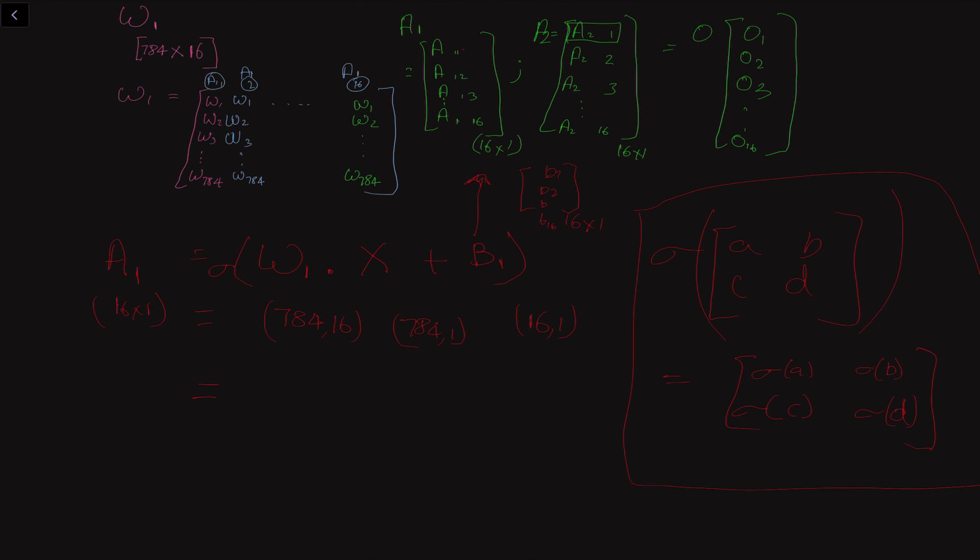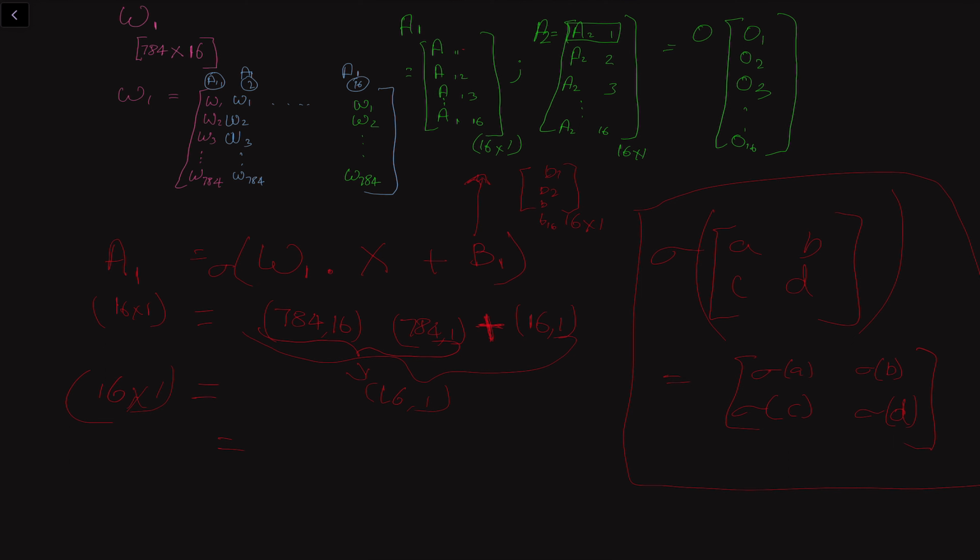We want the resulting to be 16, 1, okay? Because there's an equal to right here. So these two need to have the same dimensions, obviously. So how can we do this? What we can do is, this is a plus right here, okay? So just these two need to be 16, 1 somehow.